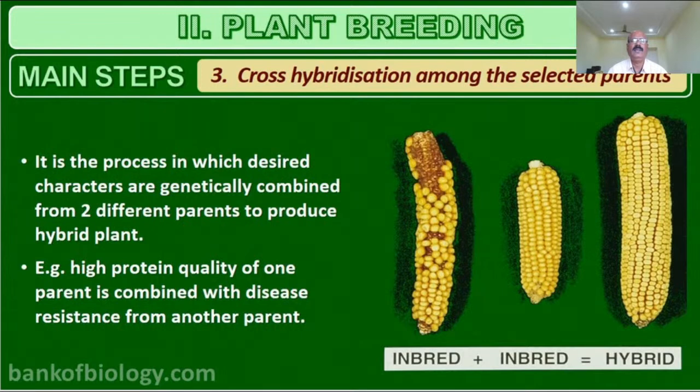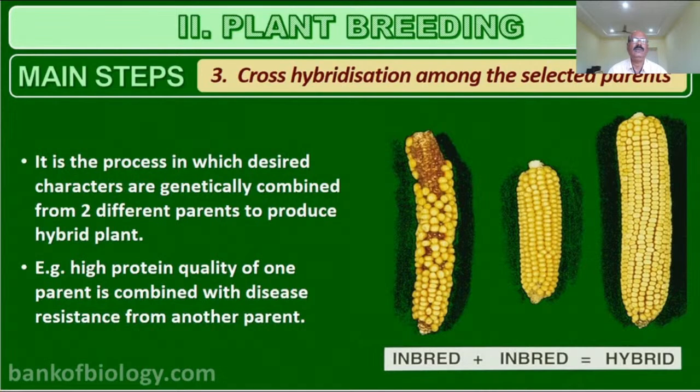By the crossing of two different genotypes, the next generation, the yield of hybridization, shows hybrid vigor, which possesses some desirable characters. It is also called heterosis.